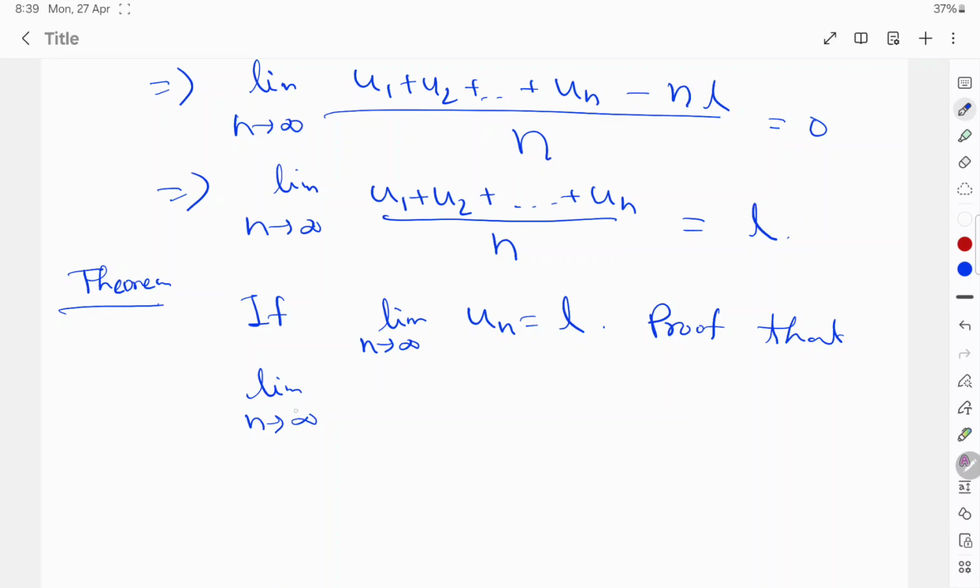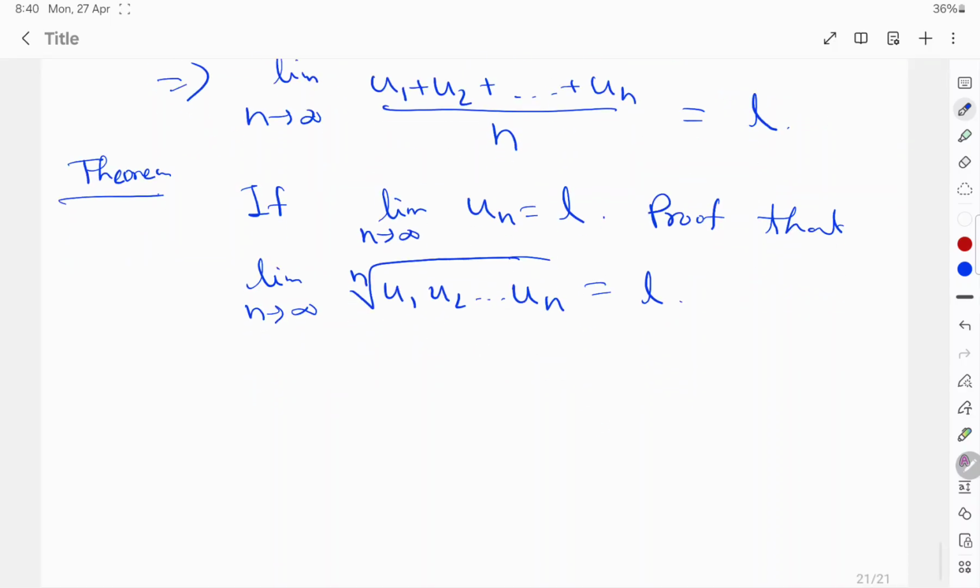So then actually it is there, you can think like that. So the nth root of u1 u2 dot dot u_n, this is also L. This is another thing. So this is actually a corollary of the earlier part.